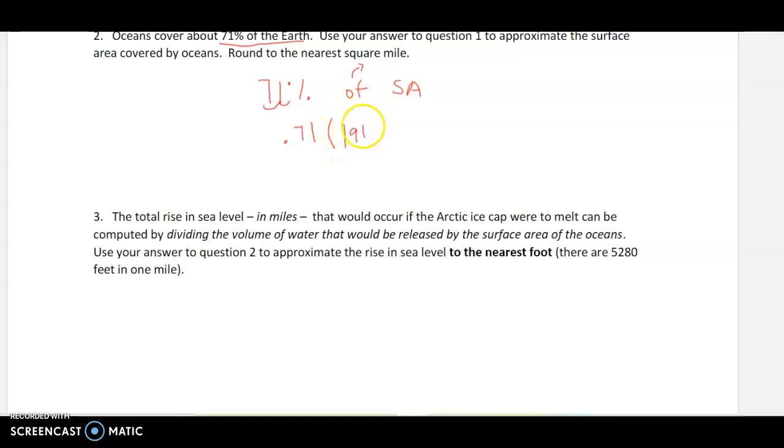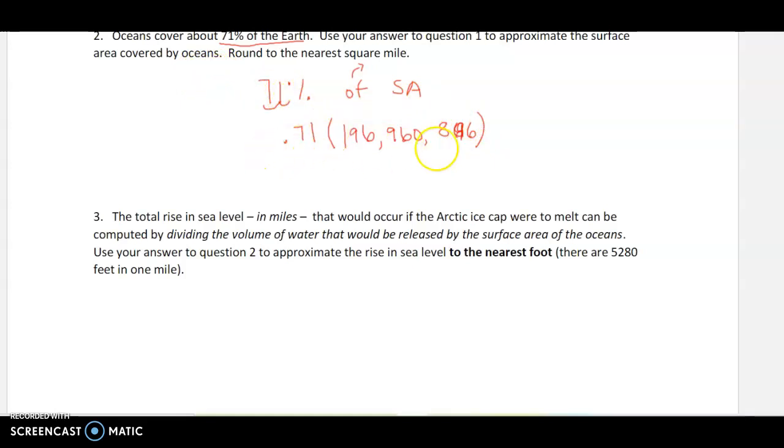Let's see if I can write this gigantic number out again. 196,960,896. So we want 71% of this surface area, and that will tell us the surface area that is covered by oceans.